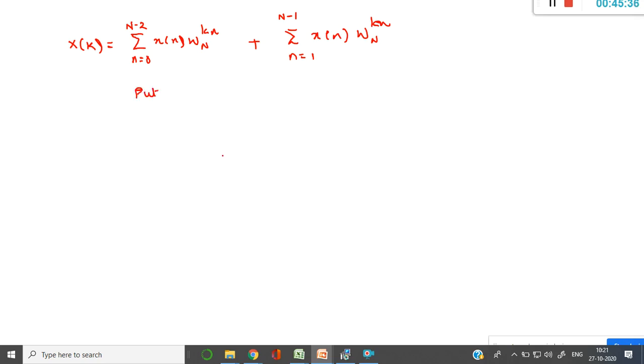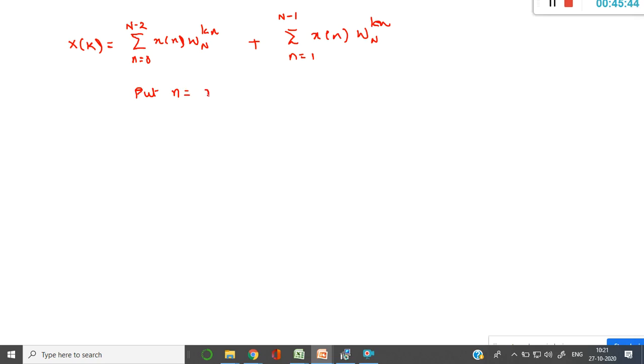So coming to the next stage, I rewrite the above equation once again. So this is small n ranging from 0 to N minus 2, x of n multiplied with the twiddle factor W_N to the power of kn, plus summation of x of n W_N to the power of kn, with n running from 0 to N minus 1. Now what I do is put n equal to, for even, how do you write the even?